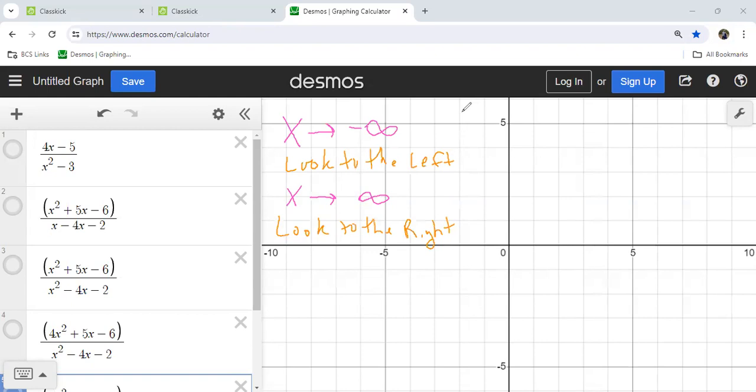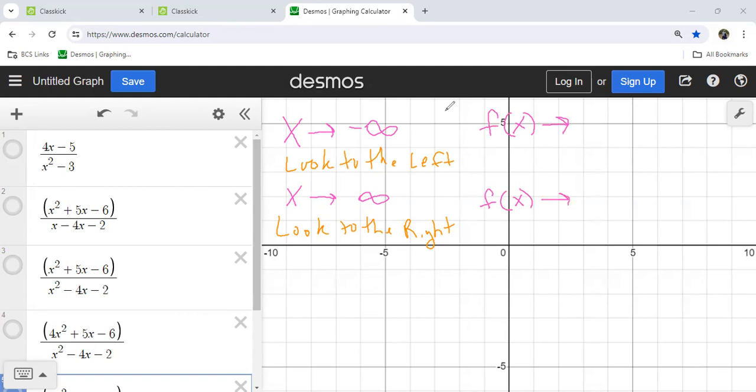Now, the second part of the end behavior of graphs is that we write something along the lines of this: f of x approaches something, and f of x approaches something. Now, this is where the decision has to be made.